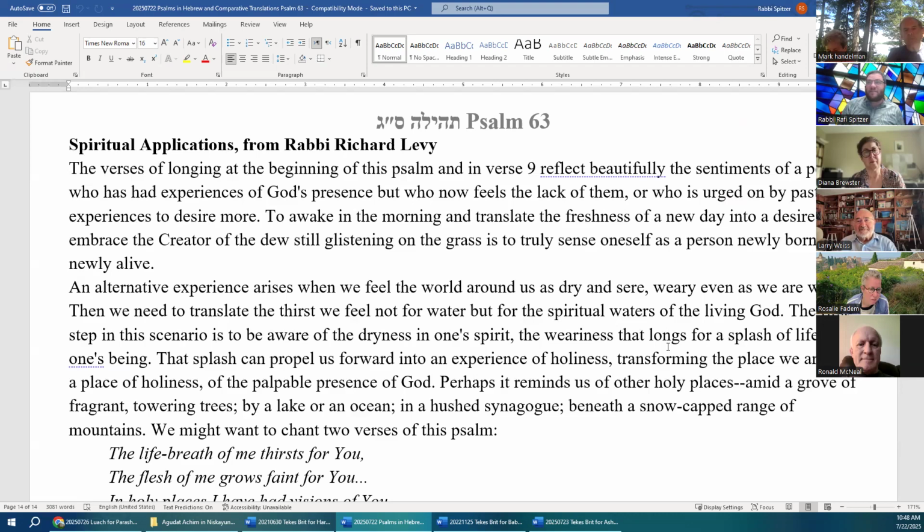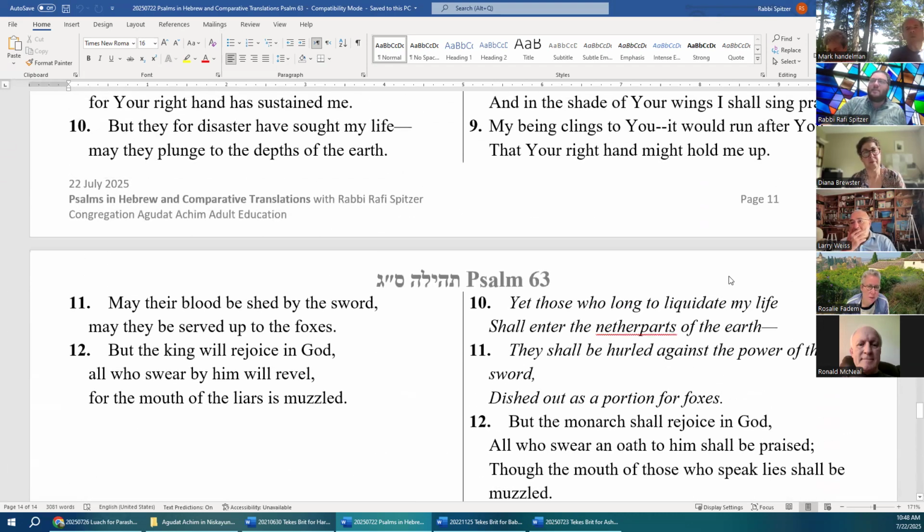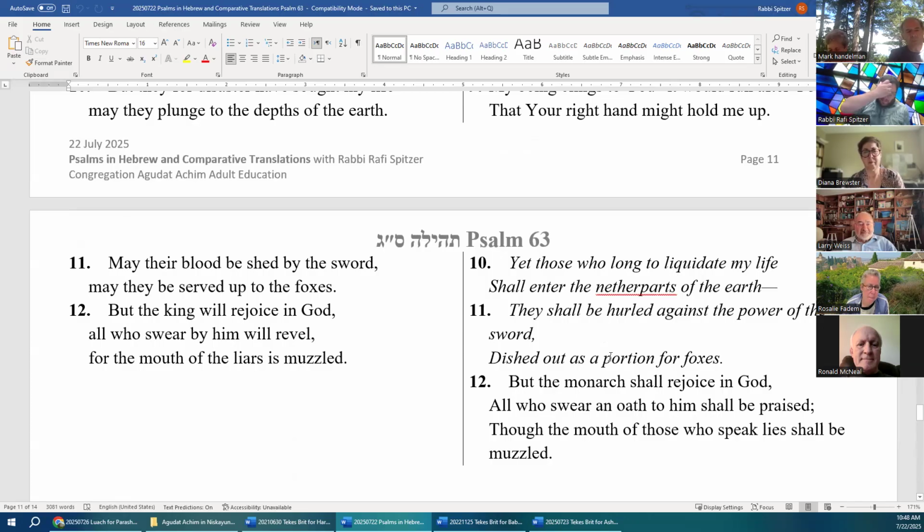In fact, in his translation, he put those verses in italics and he writes, "We have placed these verses in italics to emphasize the radical shift in the poet's mood from praise to revenge. Yet those who long to liquidate my life." A more literal translation of the Hebrew is, but those who seek the total destruction of my life. And the word here is shoah. Shoah means total destruction, Holocaust, right? And so he tried to capture that sense of total destruction by using the word liquidate.